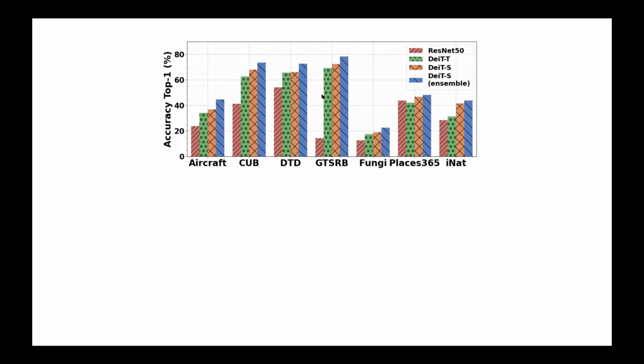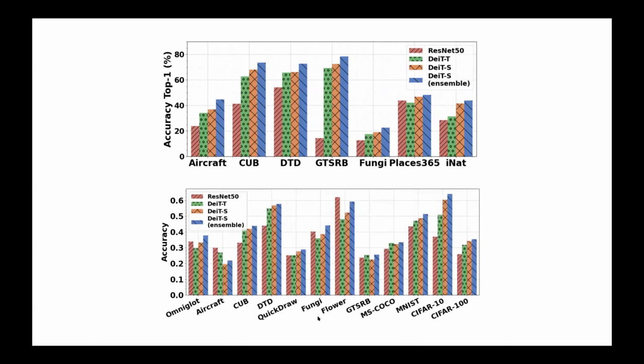The DeiT ensemble model performed better than the CNN. Coming to few-shot learning, compared to ResNet 50, the DeiT model also performed better, with better accuracy.